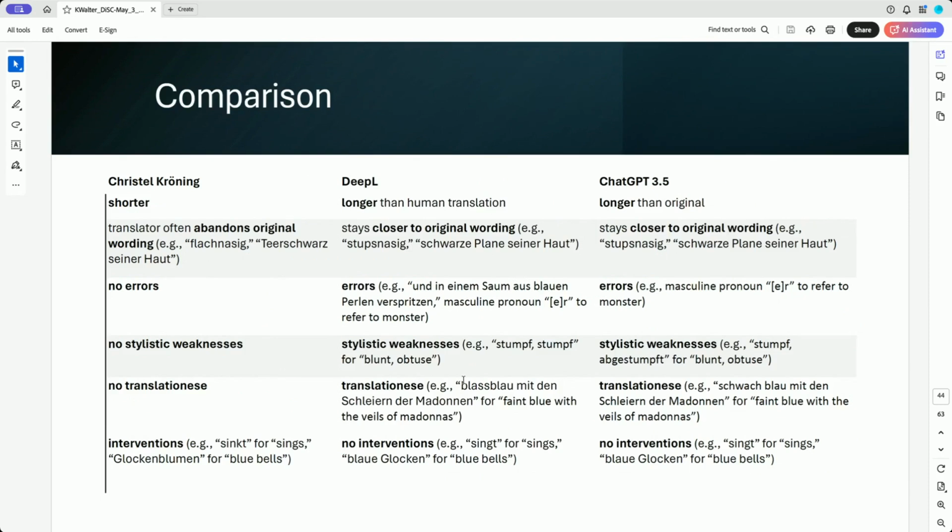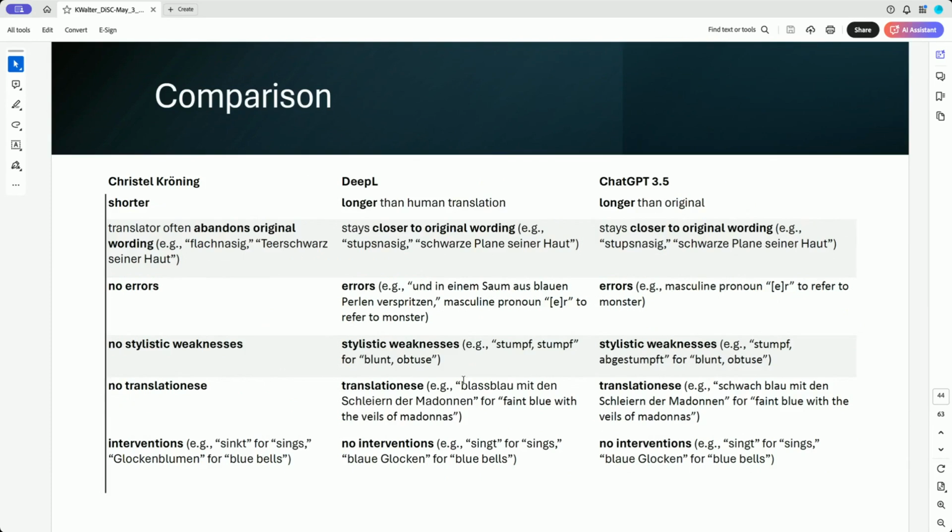Okay, there are examples in the automated translations of what some people call translationese. An example, faint blue with the veils of Madonnas, is translated as blassblau or schwachblau mit den Schleiern der Madonnen. That wouldn't be a likely preposition for someone to use in German. And the human translator makes occasional interventions.